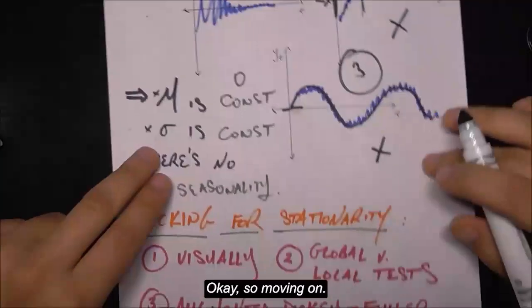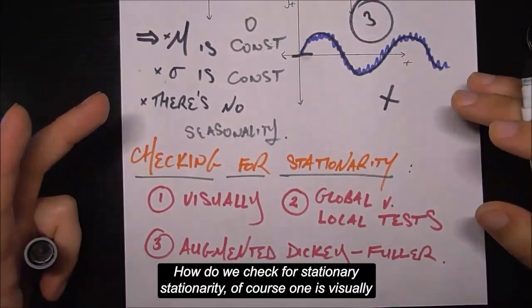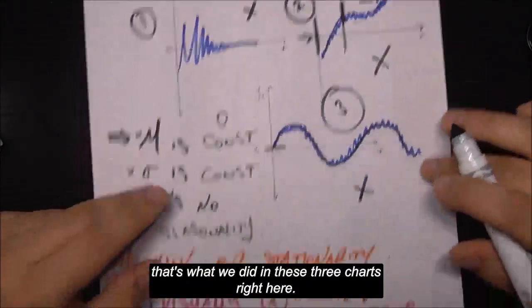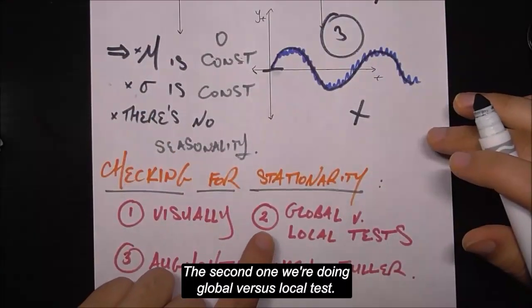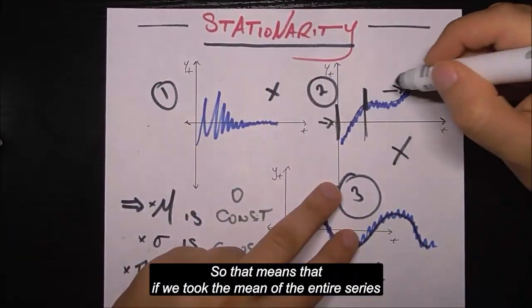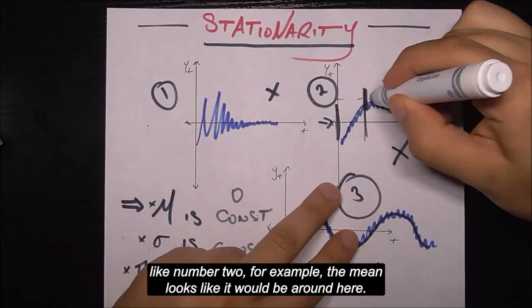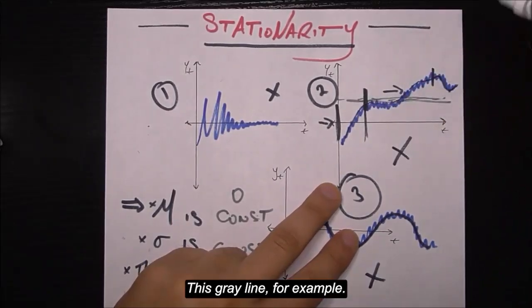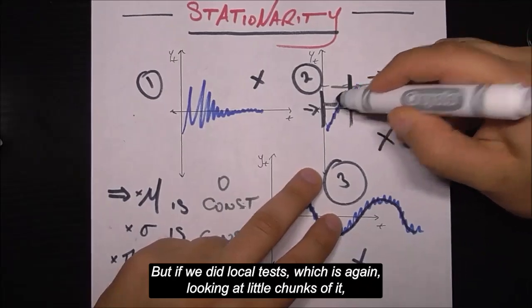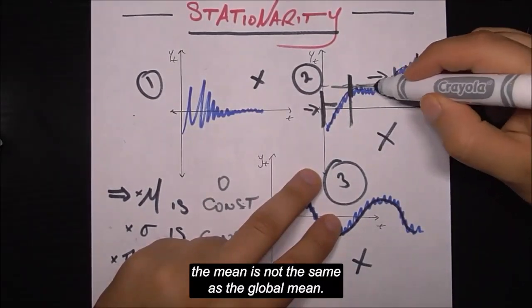Okay, so moving on, how do we check for stationarity? Of course, one way is visually. That's what we did in these three charts right here. The second one is doing global versus local tests. That means that if we took the mean of the entire series, like of number 2, for example, the mean looks like it would be around here, this gray line. But if we did local tests, which is, again, looking at little chunks of it, the mean is not the same as the global mean.